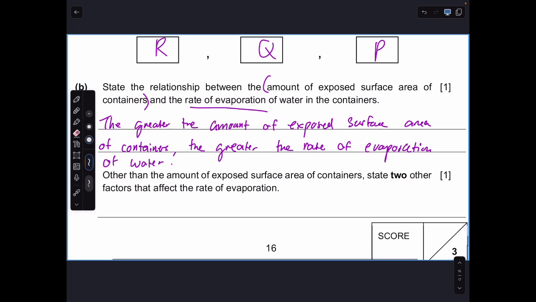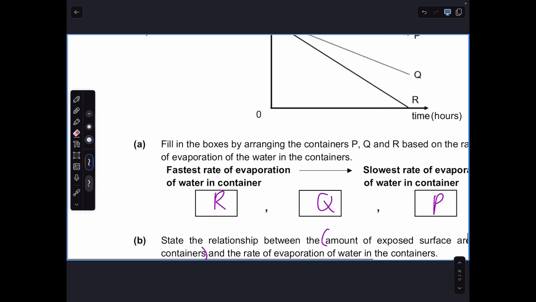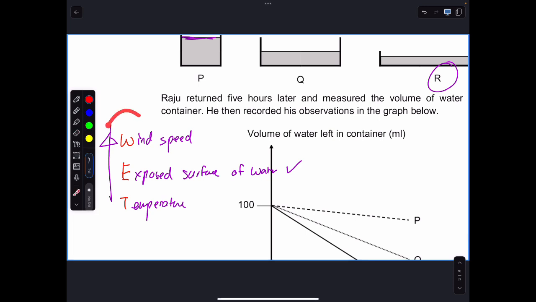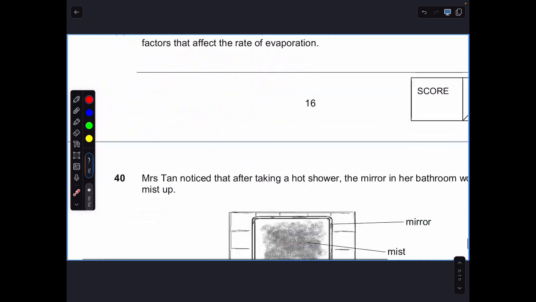Next, other than the amount of exposed surface area, state two other factors. There are many, so I'm going to tell you what is the first thing I'll look at. You all stated many other things that are correct, but don't you think you should look at these first? The two other factors that is the best answer would be wind speed and temperature. But temperature of what?